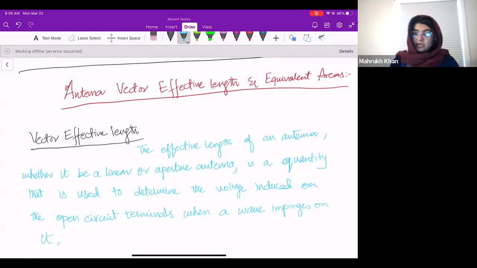So it's the quantity that determines the voltage induced on the open circuit terminal when a wave comes on it.